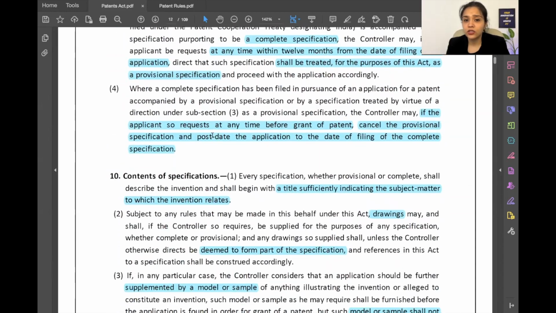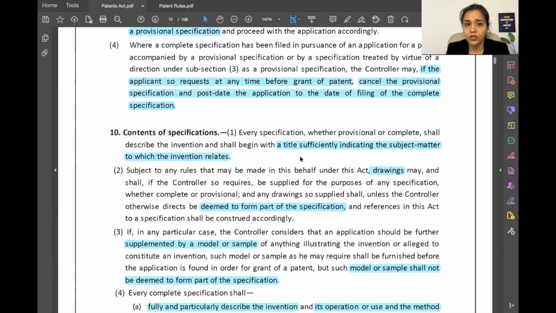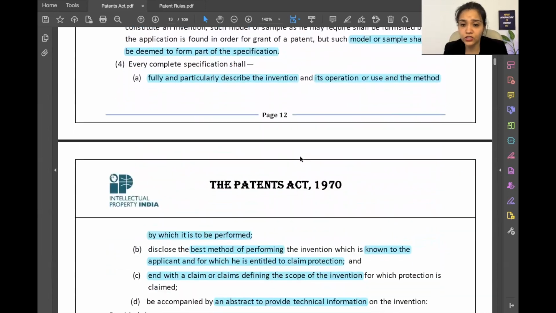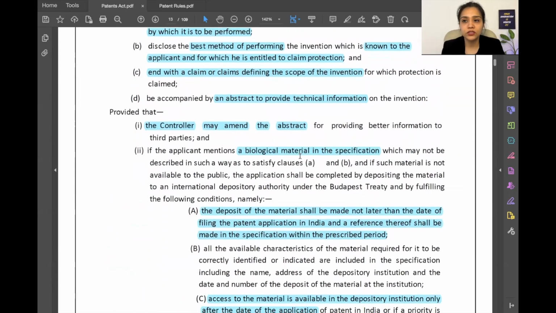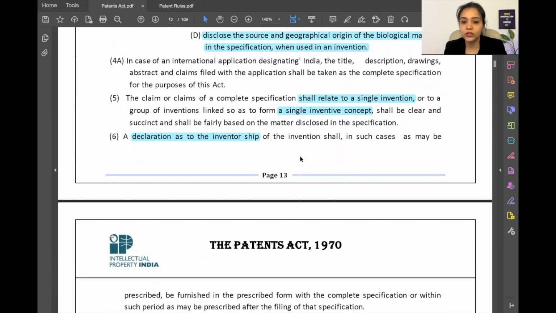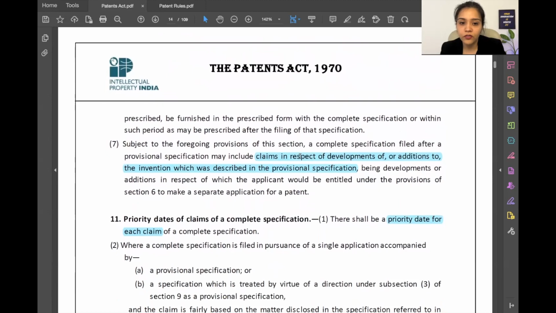In this section, there would be post-dating. Why? Because I am telling the examiner that I don't want to claim priority from the provisional application and I want to claim priority from the complete specification. So the priority date is moving to the complete specification. So an example of post-dating is this. We have post-dating in another section also, which will come through in further lectures.